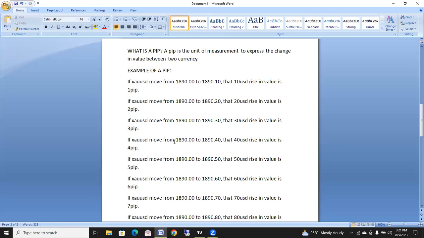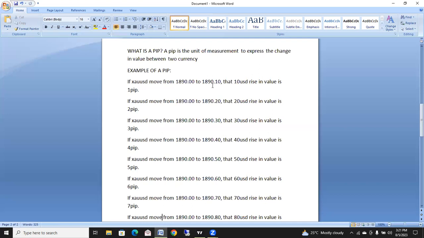So the unit of measurement to express the change in value between these two currencies is what is known as a pip.